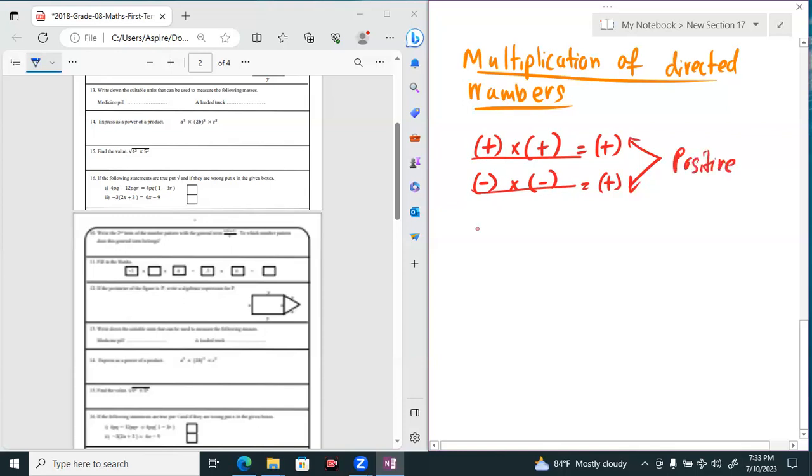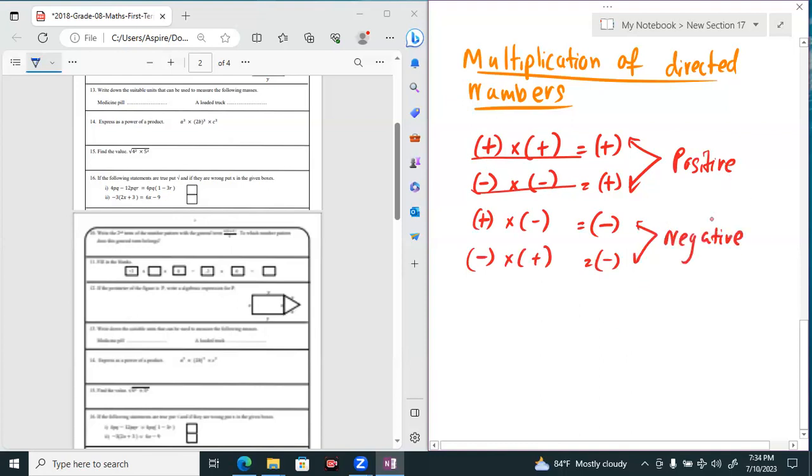Then when we multiply two different sign numbers, that means positive into negative, it is negative. Negative into positive, it is negative.